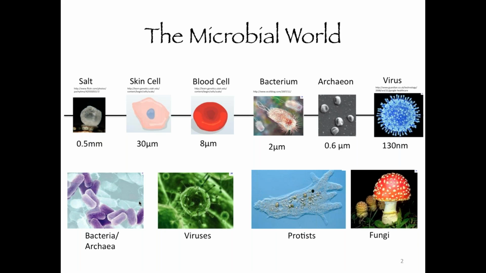We also have viruses, protists, and fungi. And if you look at the scale, you can see microorganisms are very small. If we compare them to, for example, the human blood cell or salt, we can see that they're very tiny organisms.